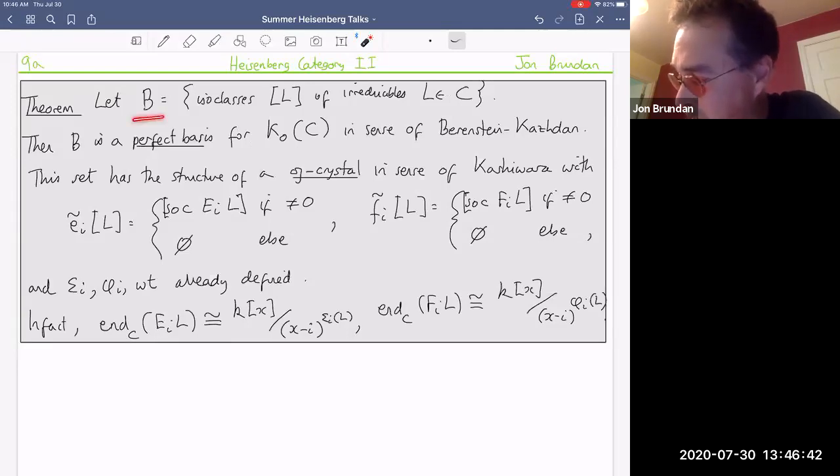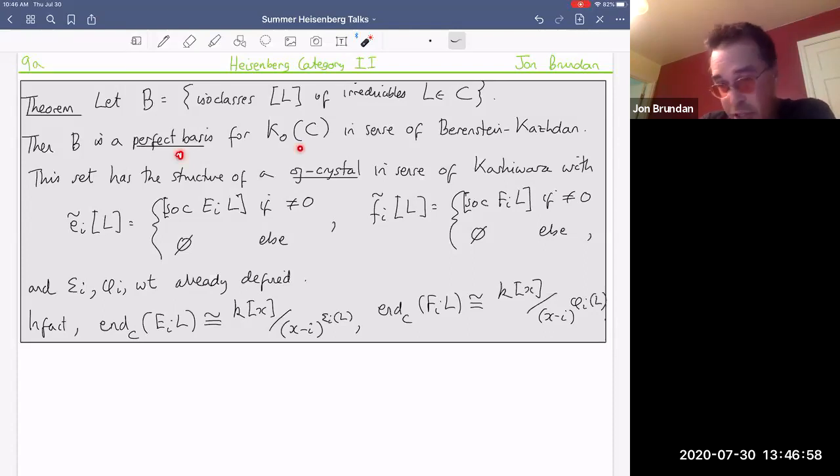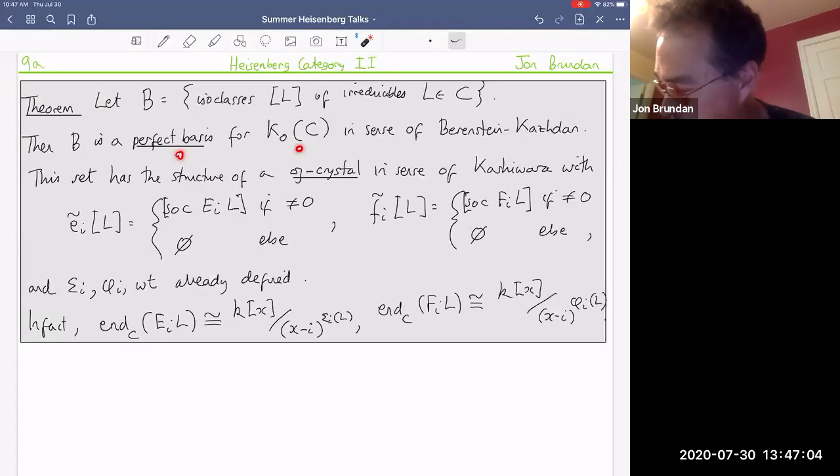So let B be the set of isomorphism classes of irreducible objects L in our Abelian module category C. Then the theorem says that set B is actually a perfect basis for the Grothendieck group of C. I'm not going to write down this definition. The idea of perfect basis was introduced by Berenstein and Khovanov quite a while ago. In particular, this set B has the structure of a crystal in the sense of Kashiwara.